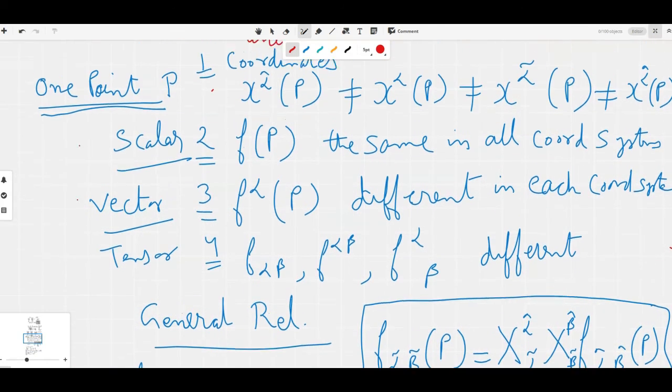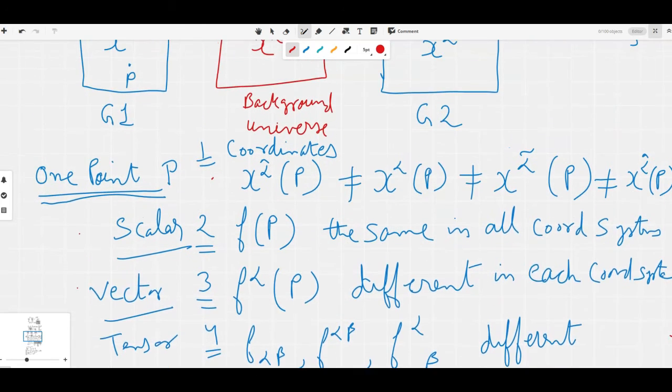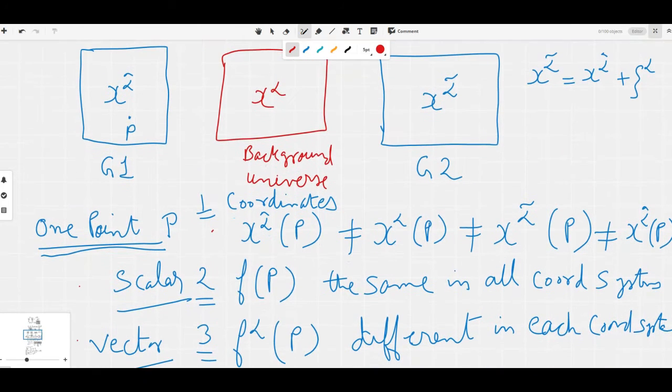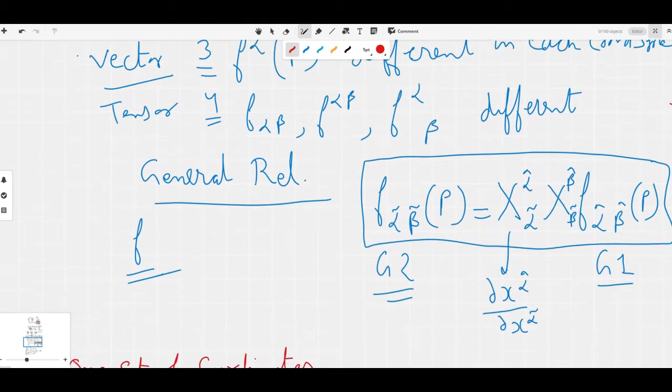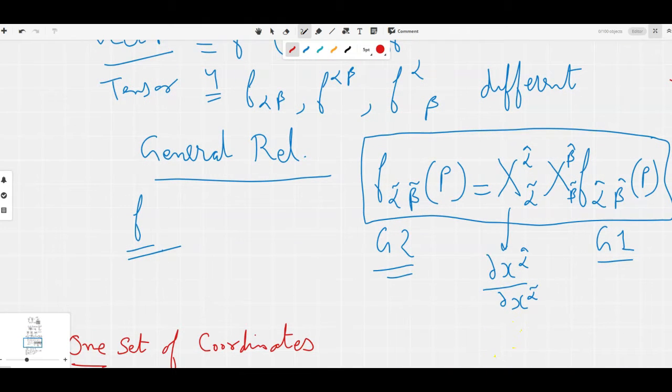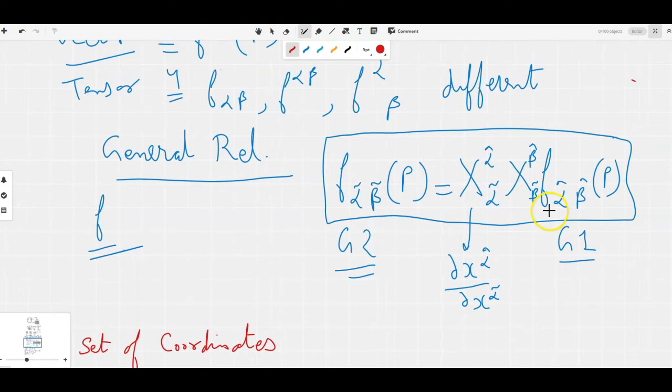So when we take one fixed point in the four-dimensional space-time, I mentioned that we can transform a tensor using this expression, which comes from the theory of general relativity.